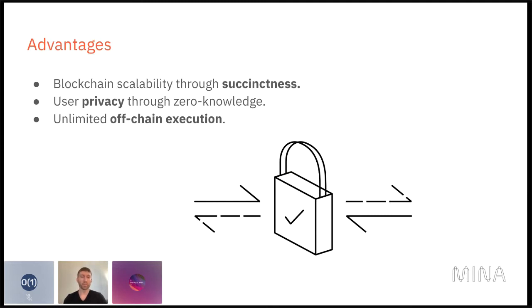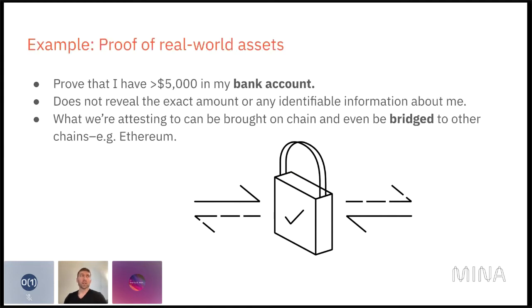fee structure. So one example of using private data locally and then attesting to it would be to prove that you have a certain amount of money in a bank account. Or maybe your credit score is above a certain amount, or your age is over a certain amount, something like this.